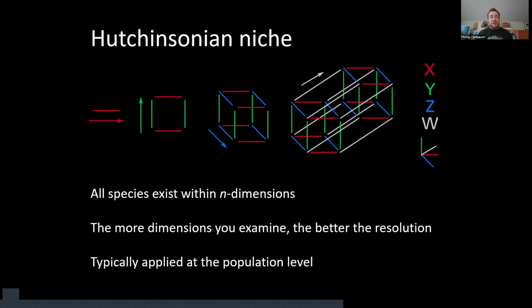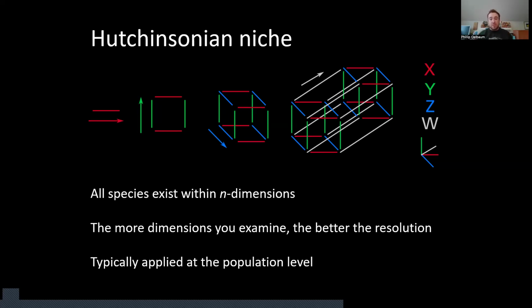If we think about a two-dimensional grid, there's an x-axis and a y-axis, that is two of n dimensions. If we add a z-axis, that becomes three of n dimensions, and so on and so forth. As we look more deeply at an organism, they exist within all of these different dimensions.